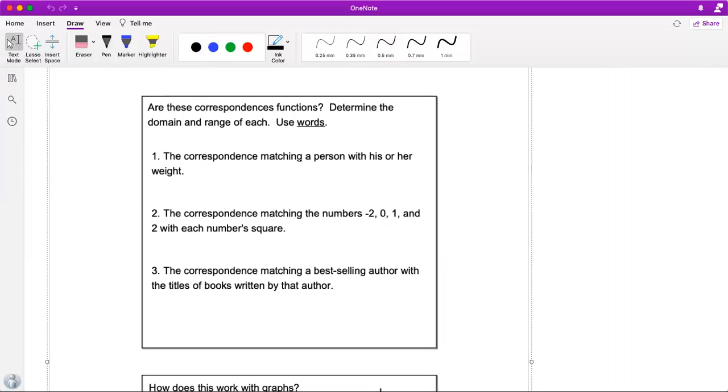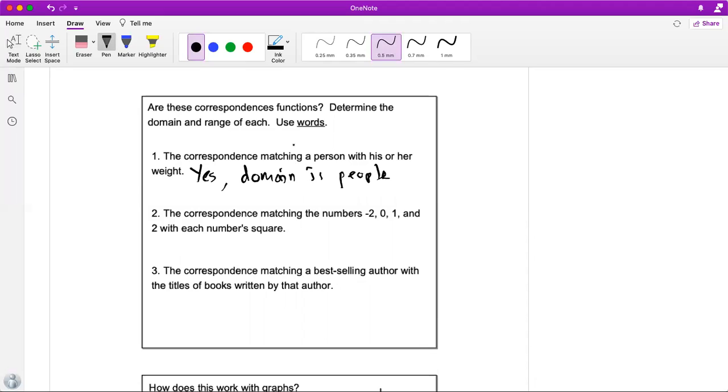To a good approximation, you can say, I weigh 175 pounds. I don't weigh 275 pounds, I don't weigh 75 pounds, I weigh 175 pounds. So is this a function? Yes. The domain of this function is the people we're talking about. I could have been more specific.